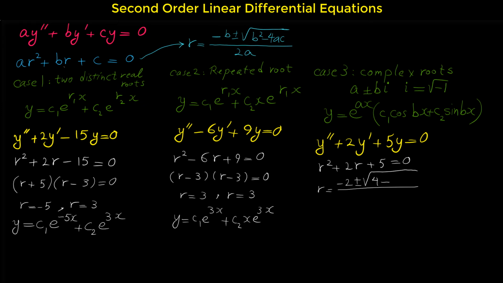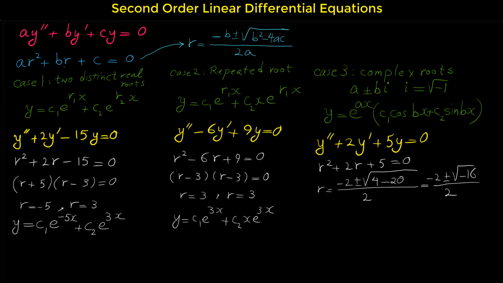So minus 20, all over 2a, which is 2, because a here is 1. 4 minus 20 is negative 16. So this equals negative 2 plus or minus the root of negative 16, over 2.